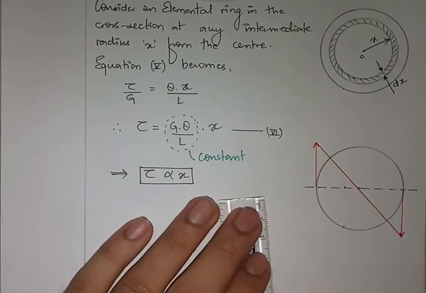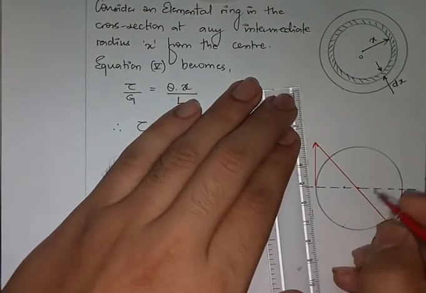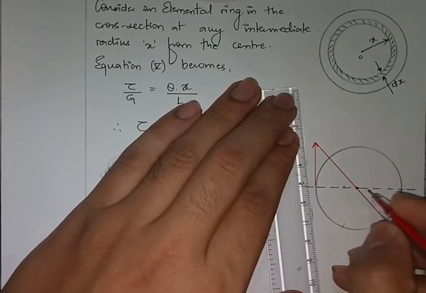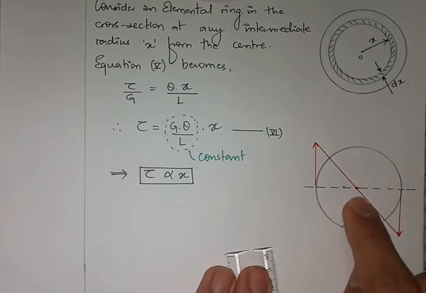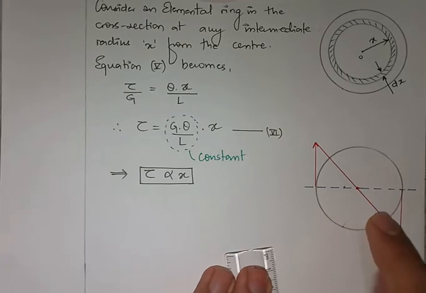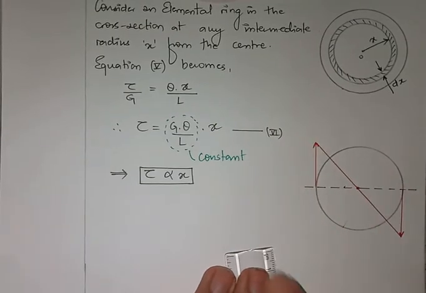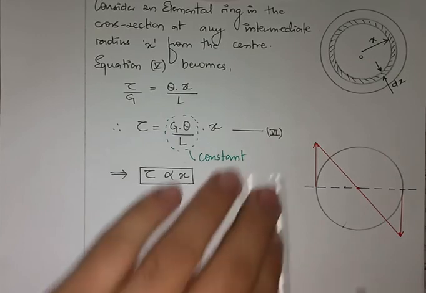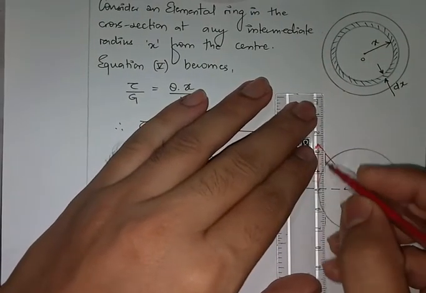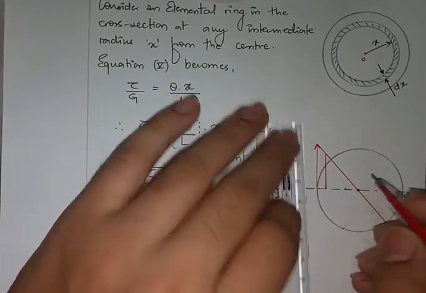What does it mean? It simply means that at the center shear stress is 0, and as you move away from the center it increases. So the shear stress distribution in this case can be shown like this.